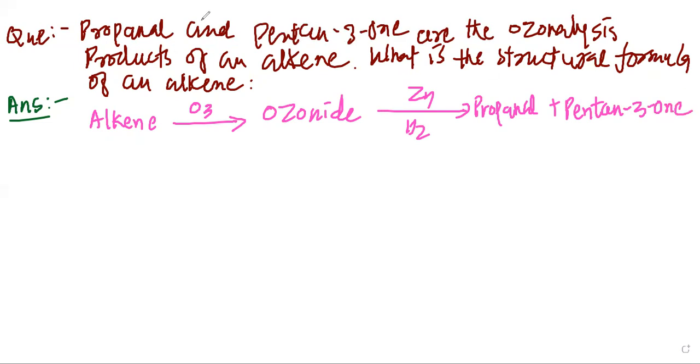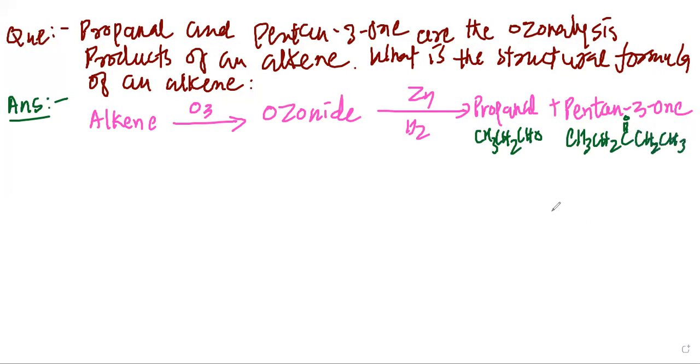Now let me write the structures for these products, my dear students. Propanal is generally written CH3, CH2, CHO. Pentan-3-one is CH3, CH2, C double bond O, CH2 and CH3.